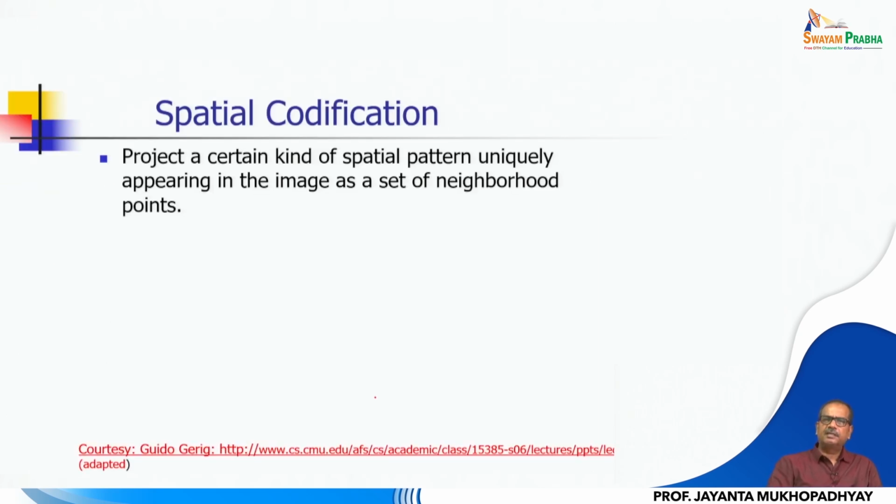Now further, you can use a more efficient way of space encoding with very technological preciseness. If you can identify a certain point, every point could be uniquely characterized by a unique pattern with its neighboring pattern.